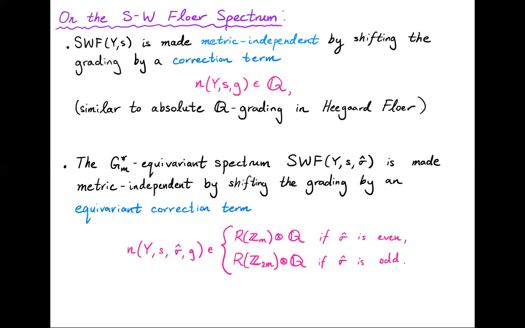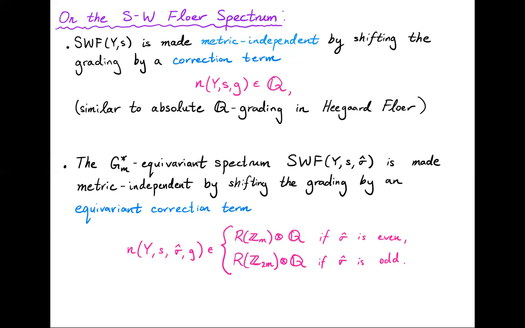In the equivariant case, the G*-equivariant spectrum SWF of (Y, S, sigma hat) is made metric independent by shifting the grading by an equivariant correction term. So instead of sitting inside Q, in the case where sigma hat is even, it lies inside the representation ring of Z/m tensor the rationals, and in the odd case, it sits inside that of Z/2m tensor the rationals. The difficulty is constructing this equivariant correction term.